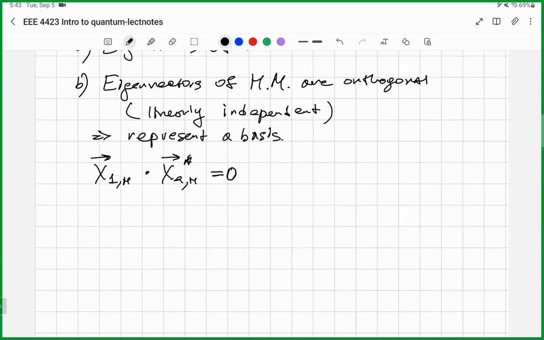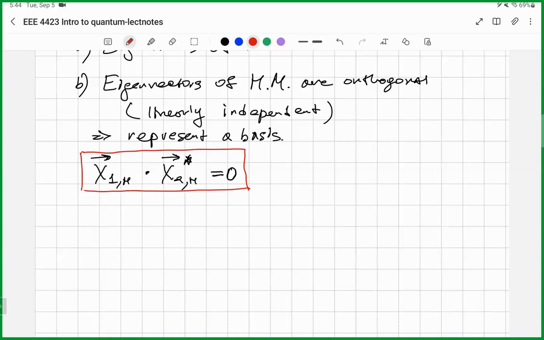Instead of getting a complex number, we get a real number. So we have to remember this. When we generalize the scalar product to the complex space, we have to put this complex conjugation operation in the inner product.